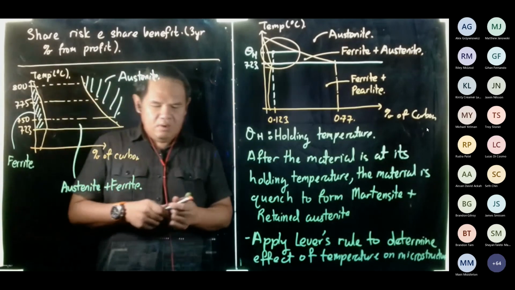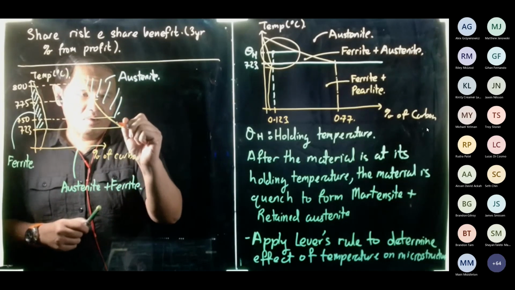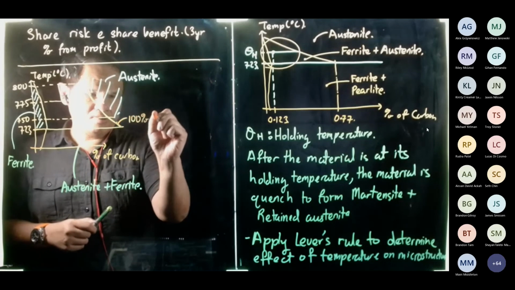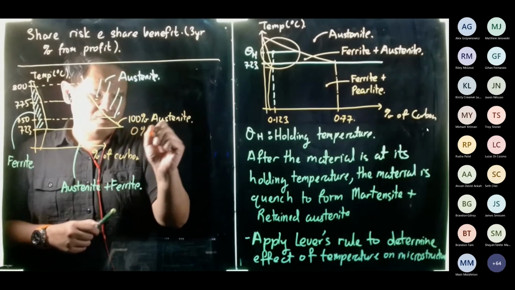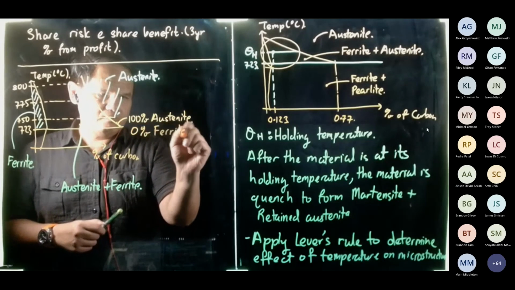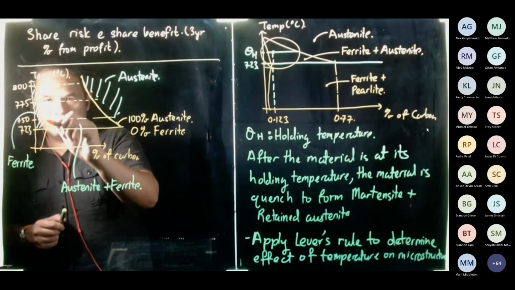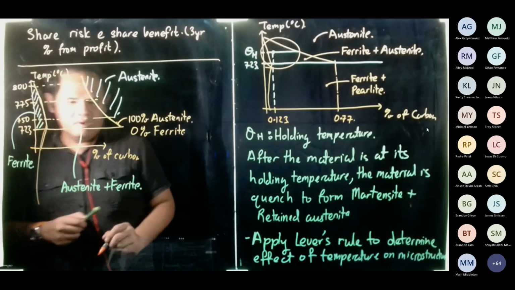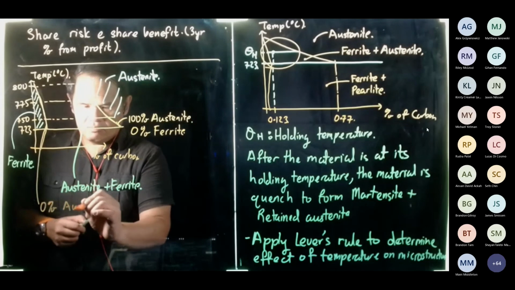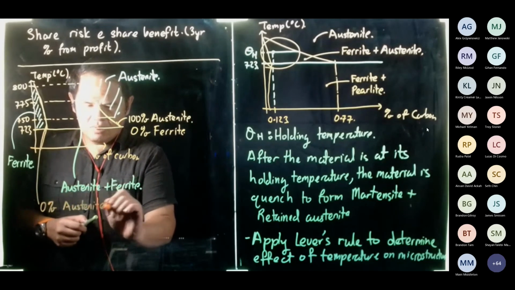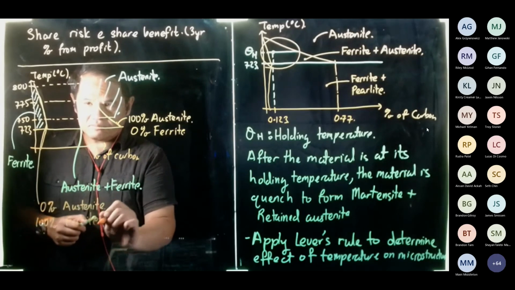When it touches this line, it represents 100% austenite, 0% ferrite. Whereas the other line over here represents 0% austenite and 100% ferrite.